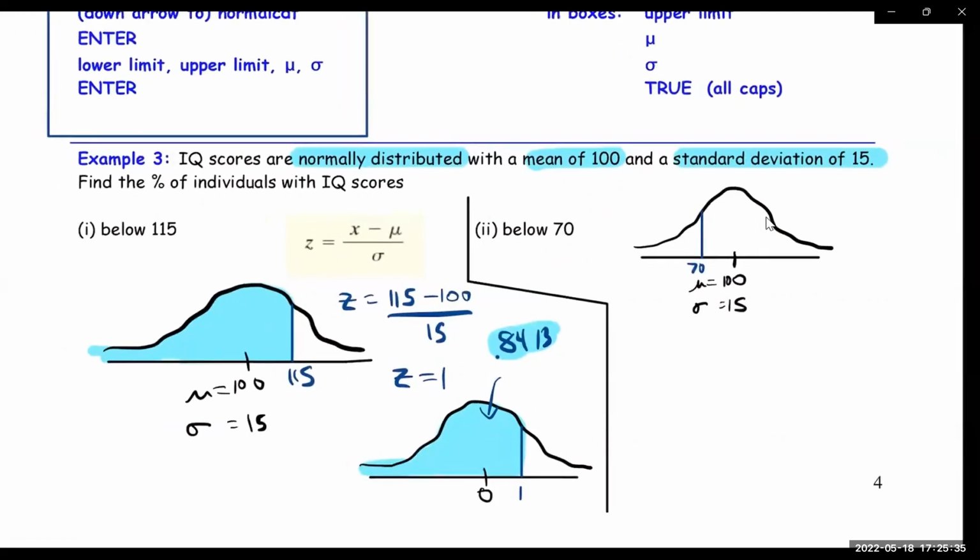If it would have been 170, you would have been way over here. So think of this as a number line: 100 is in the middle, 70 is below, 115 is above. So for 70 we have to shade below, so shade to the left.